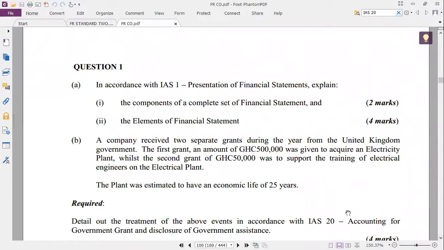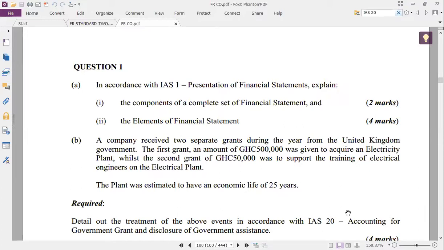A company received two separate grants during the year from the United Kingdom government. The first grant, an amount of 500,000, was given to acquire an electricity plant, whilst the second grant of 50,000 was to support the training of the electrical engineers on the electrical plants.